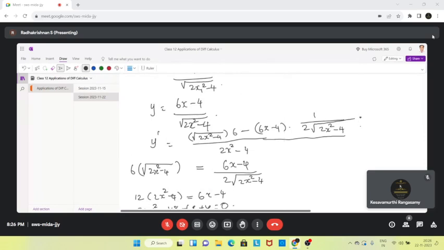I missed something. Okay. So this is v du, okay. u into dv, where it's 1 by 2 root of 2x square minus 4 into 4x. Now differentiate this. I missed the 2x square part.